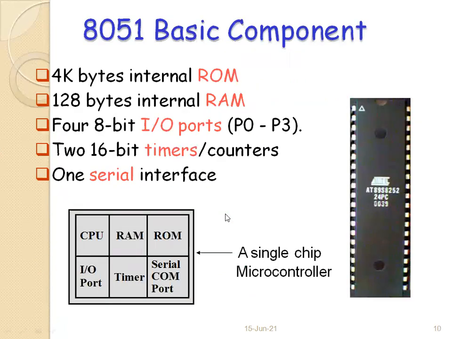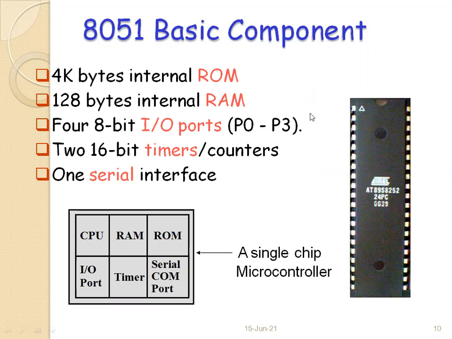Now come to the 8051 basics, the overview of the 8051 microcontroller. It has 4 kilobytes of internal ROM, the amount of ROM given here. A specific amount of RAM is also given inside: 128 bytes of internal RAM.